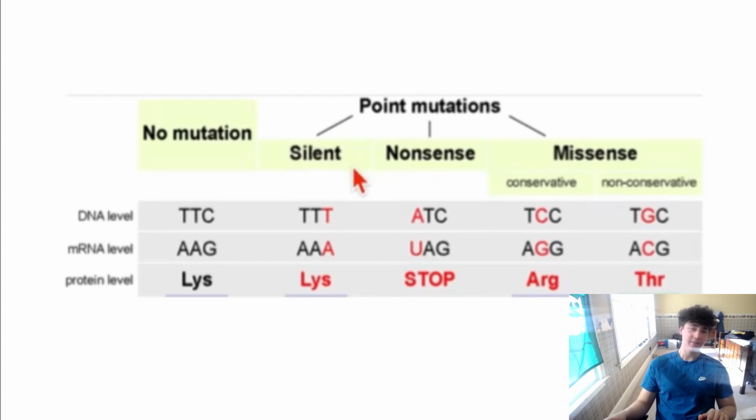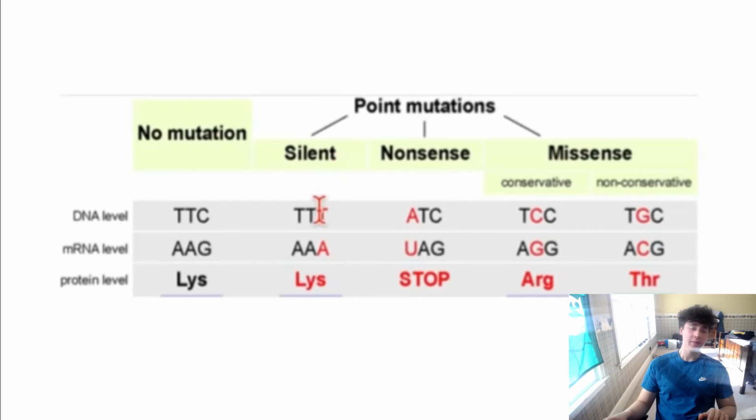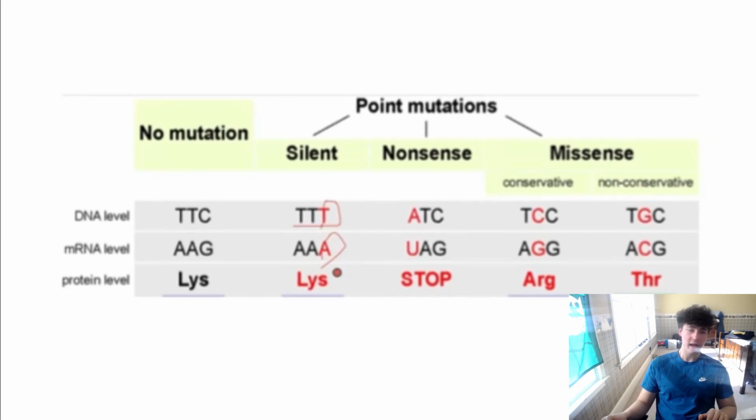Now there's different types. Sometimes a silent point mutation is when there is no change in the amino acid that's produced. For example, here, even though the third T was swapped in DNA, and therefore affected the A, this amino acid was still produced, which is the same as if it weren't swapped.